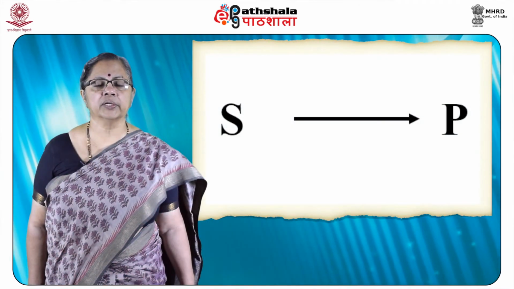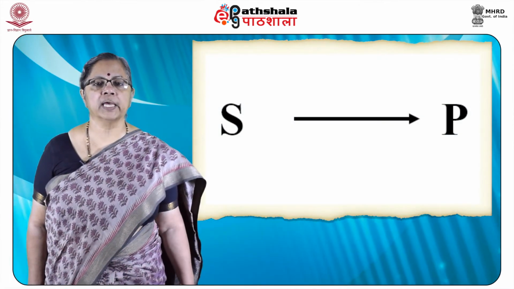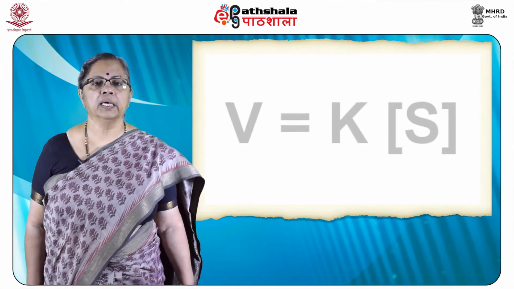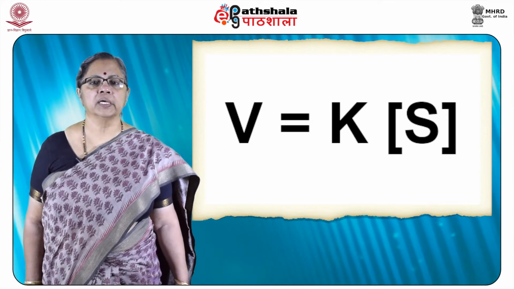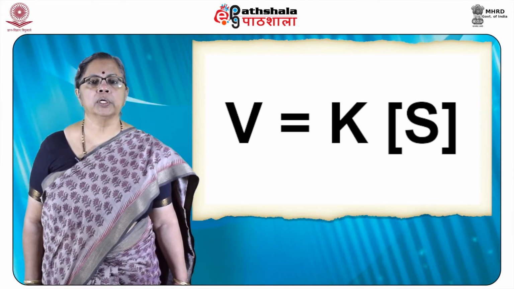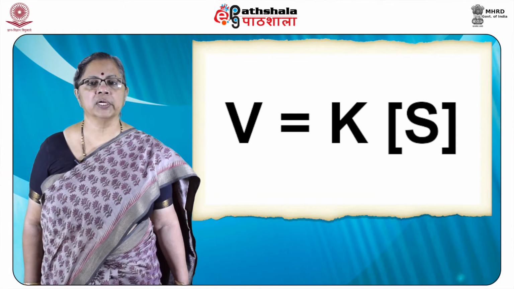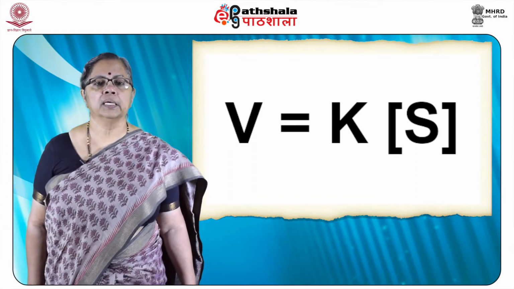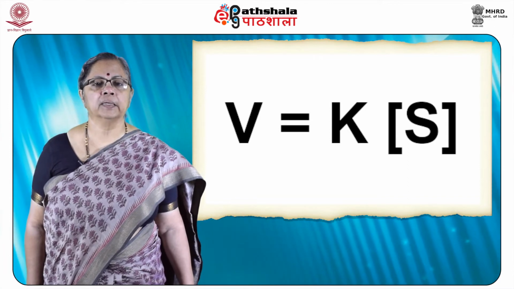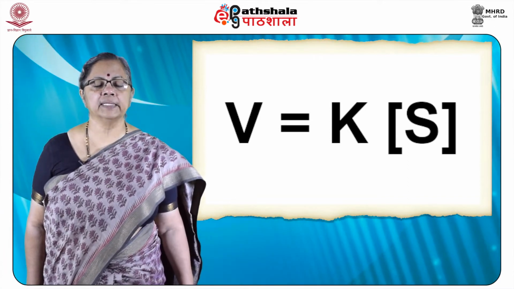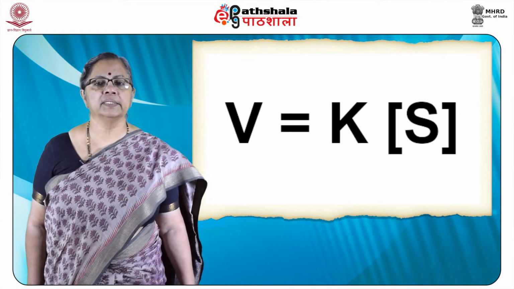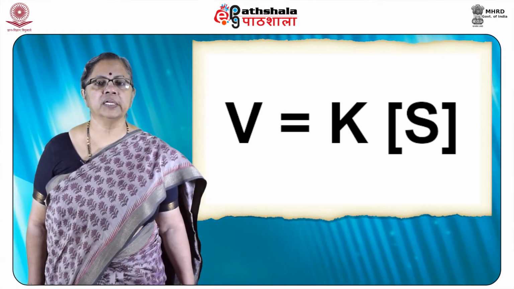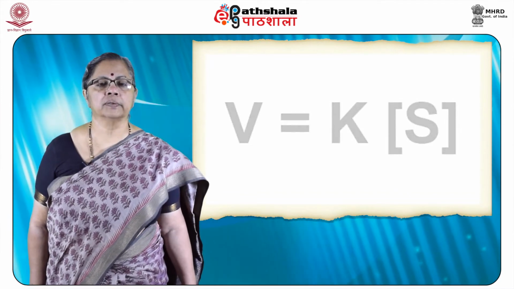Consider a reaction of substrate S forming a product P. If the reaction rate is proportional to the concentration of substrate S, or V is equal to K into bracketed S, wherein V is the velocity of the reaction, K is the first order rate constant.